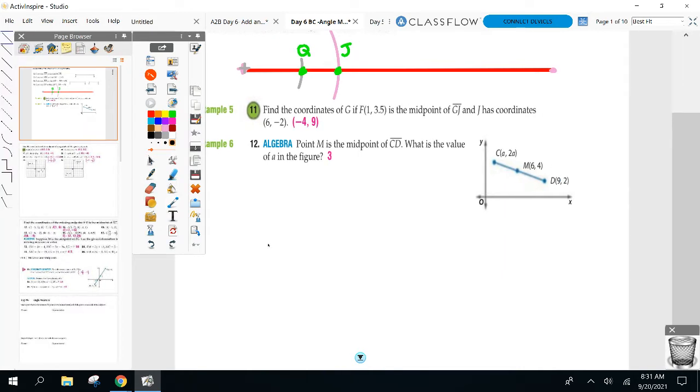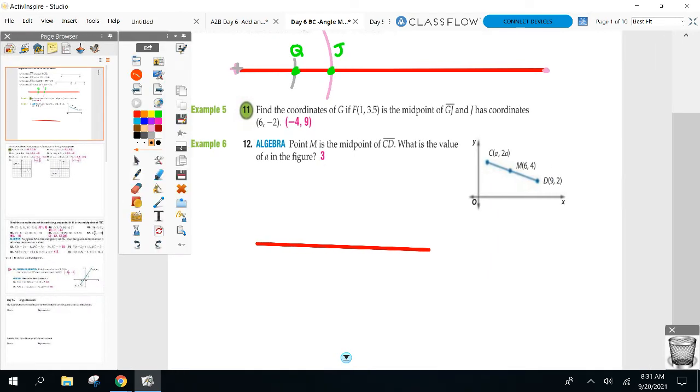Find the coordinates of point G if F is the midpoint of GJ. Let me get another line segment out here, just so I can give a visual for you guys. F has a coordinate of 1, 3.5, and J has a coordinate of 6, -2. What was point G?